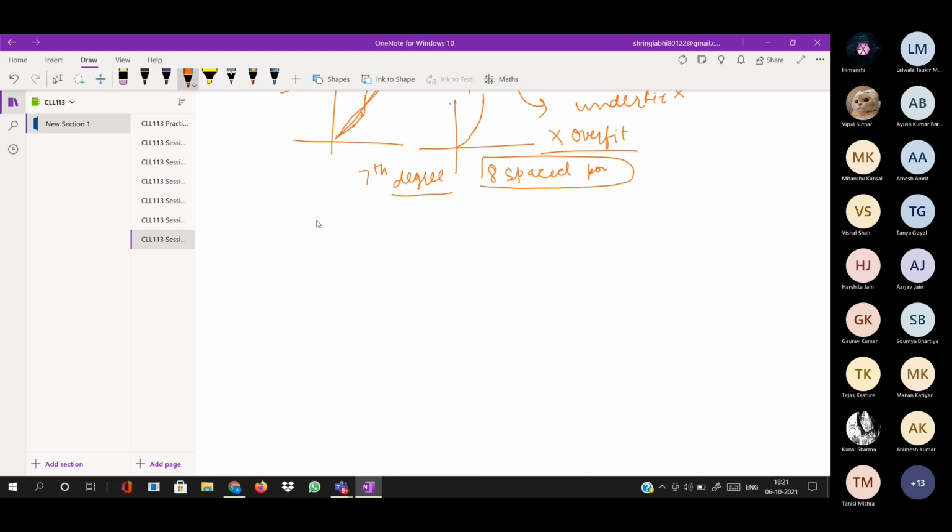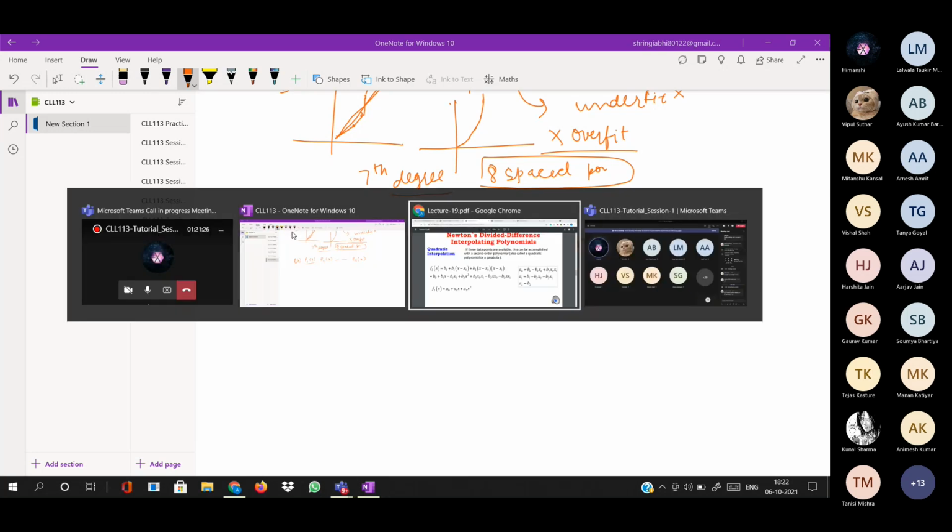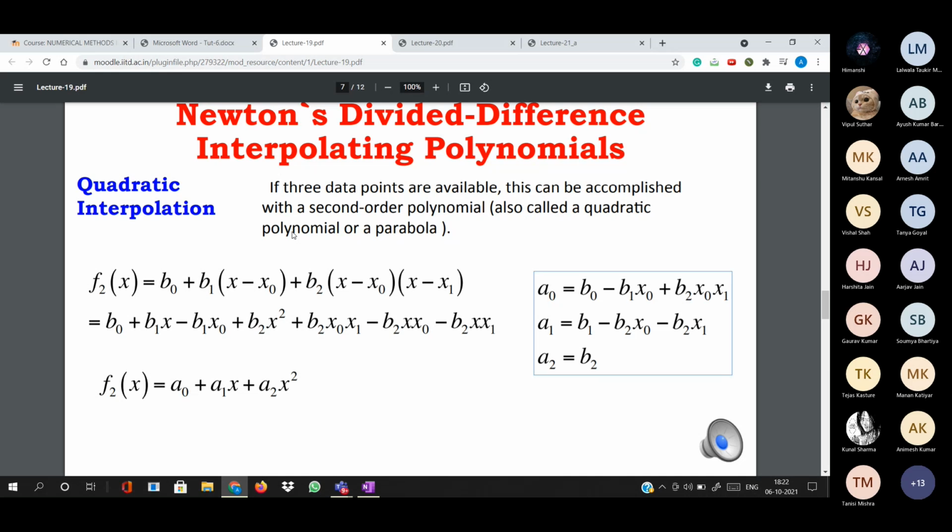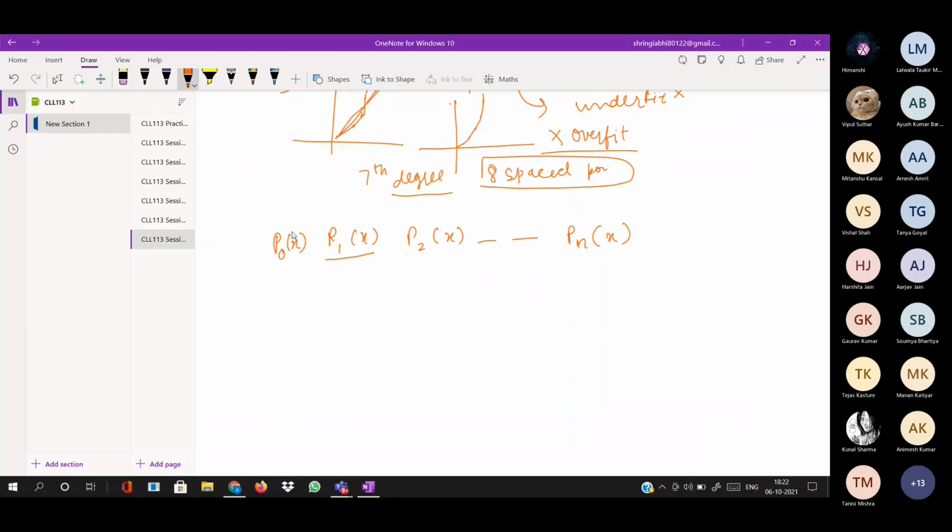Now the question is how we will choose P1(x), P2(x), and so on. I will just tell you what values of the polynomials we are choosing here. I will not explain here why we chose them, because that is very well explained by ma'am, and you must refer to the videos or the PDFs for that.